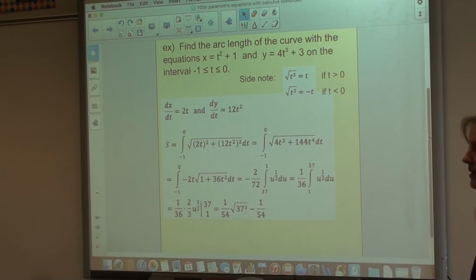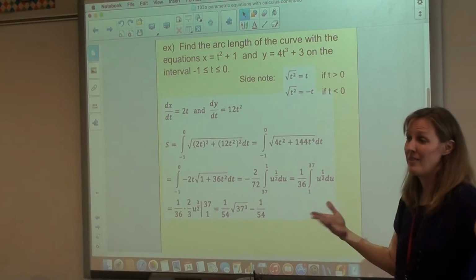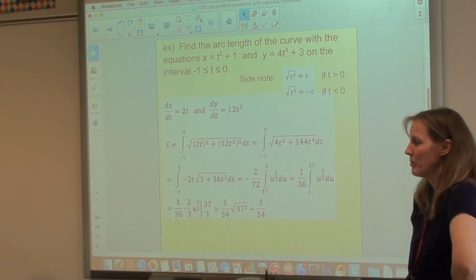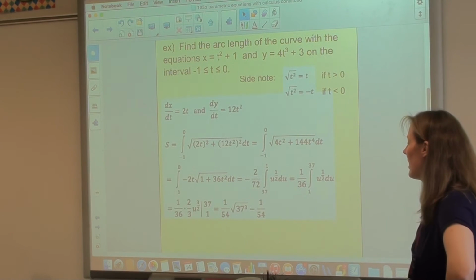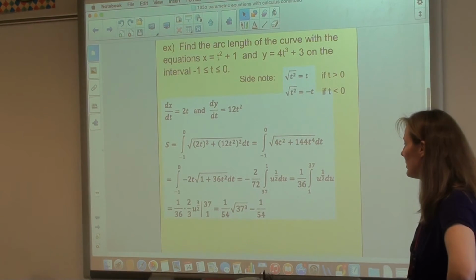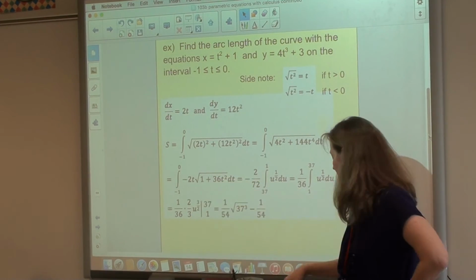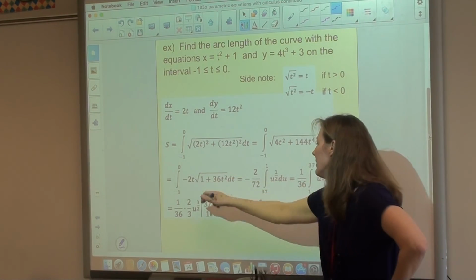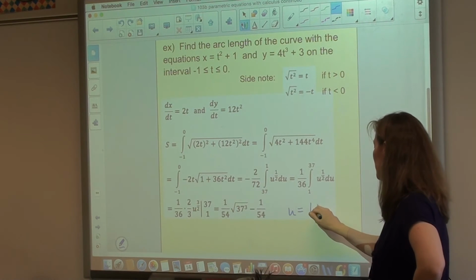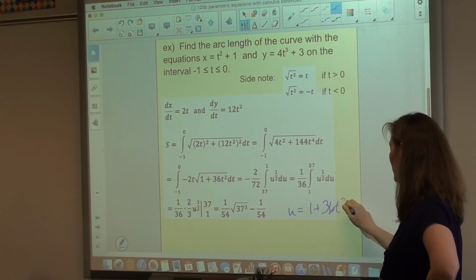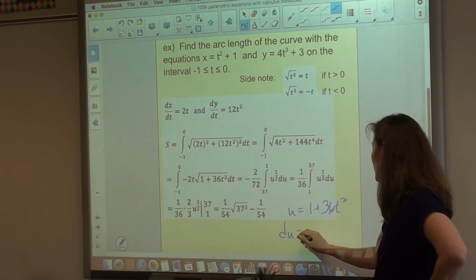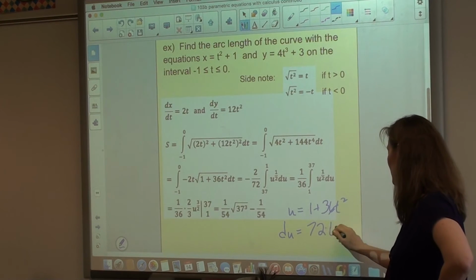They just want the setup, and this could be one where they just want the setup. But here I want you to evaluate, so if you rewrite using u-substitution, I let u equal 1 plus 36t², so du was 72t dt.